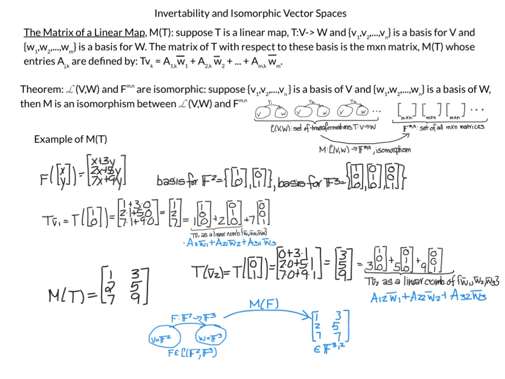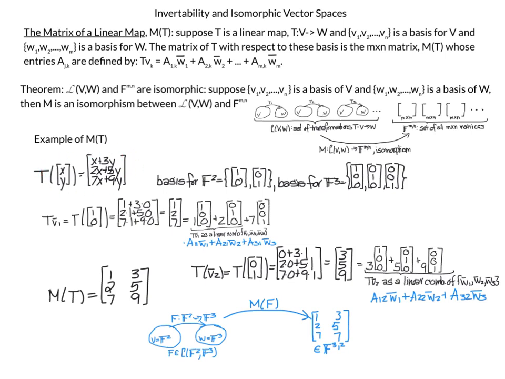Given this transformation, and actually I don't like using F as the name of a transformation because it looks too much like the field F. The transformation T of (x, y) goes from R2, or maybe F2, to R3, or maybe F3. T of (x, y) maps to (x + 3y, 2x + 5y, 7x + 9y), where the second coordinate is 2x plus 5y and the third coordinate is 7x plus 9y.